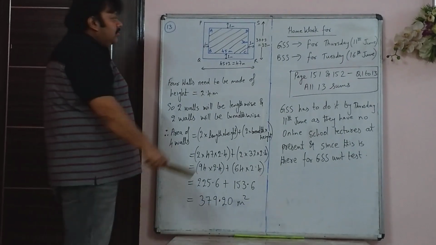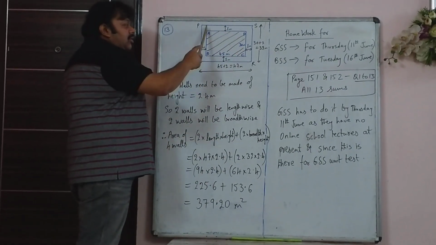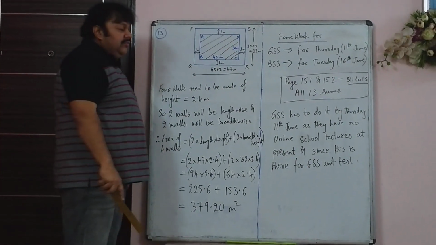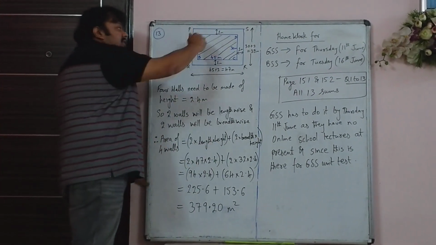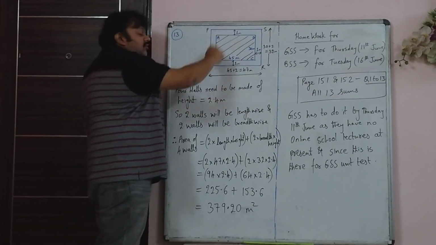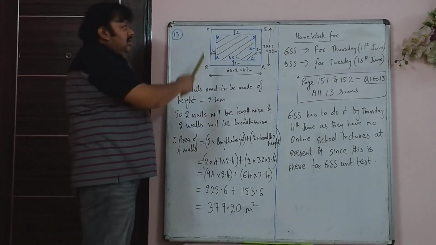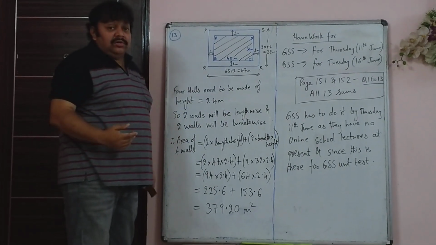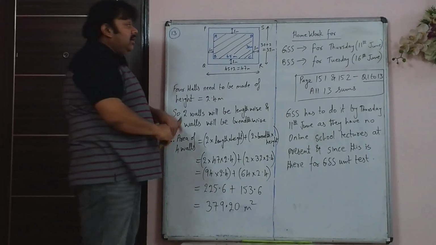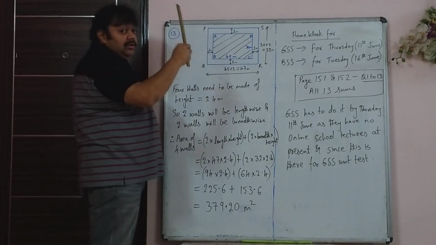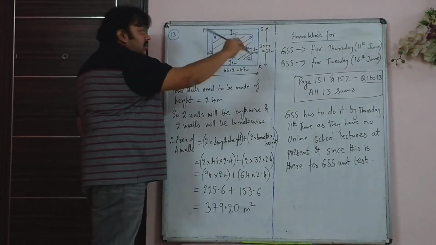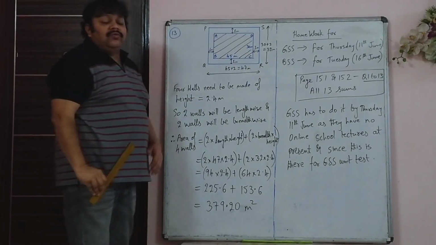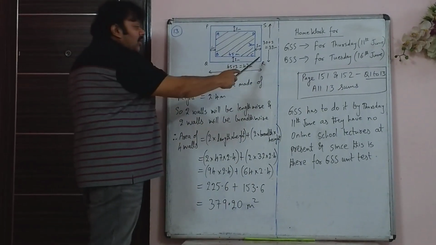Now in this sum, there is a rectangular plot of land, length 45, breadth 30. And after leaving 1 meter on all the 4 sides along PQRS, you are making walls. So how many walls will be made? One on this height, one on this, one on this, and one on this. So total 4 walls will be made, 2 along the length.